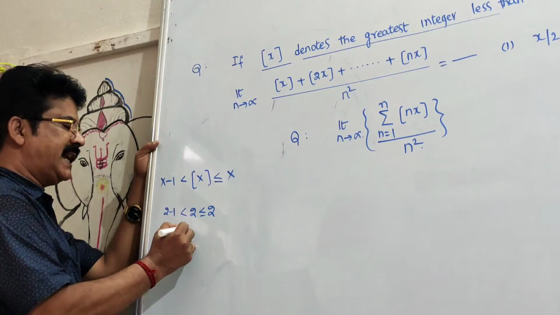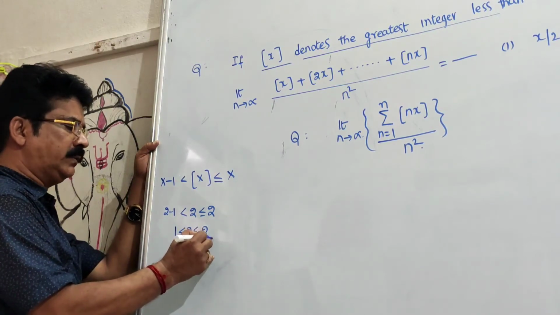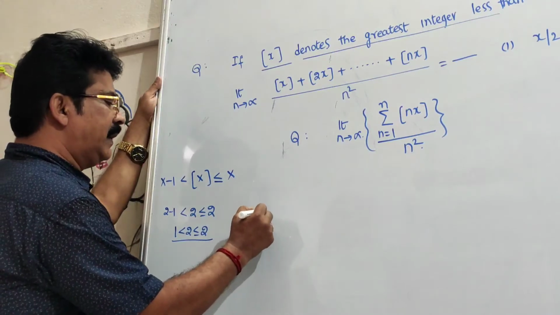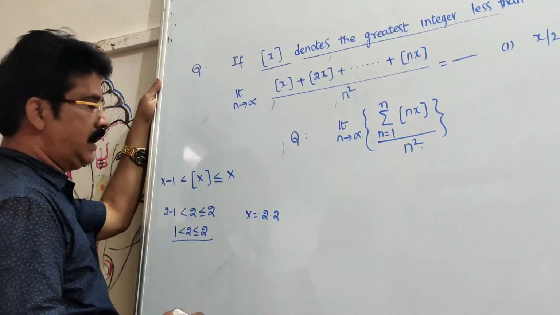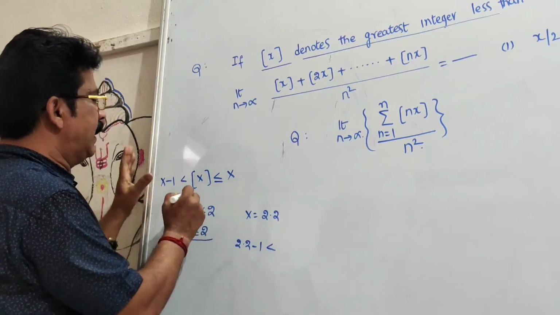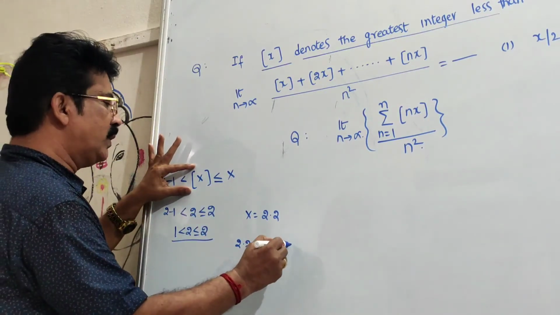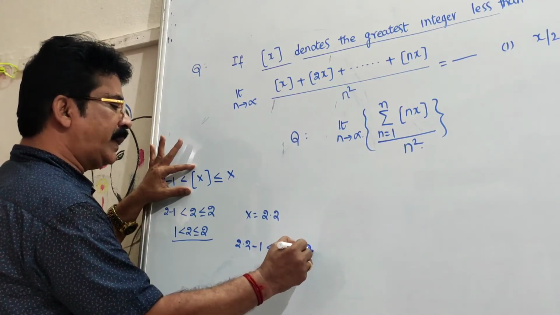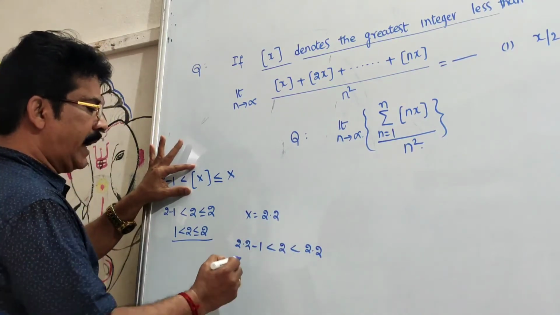So 1 less than 2 less than or equal to 2. It is correct. For example, x is a decimal number, for example, 2.2. Then 2.2 minus 1 less than box of 2.2, which means 2. It is less than or equal to 2.2. Okay.